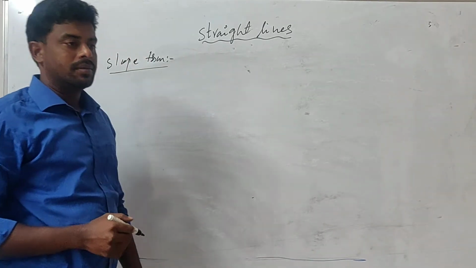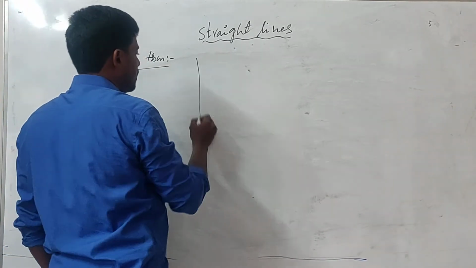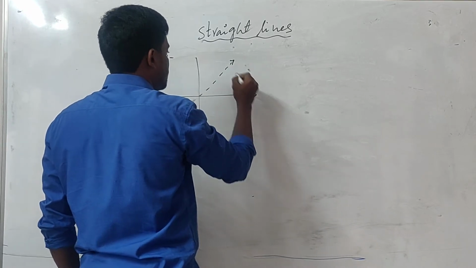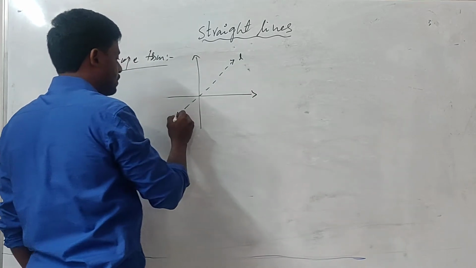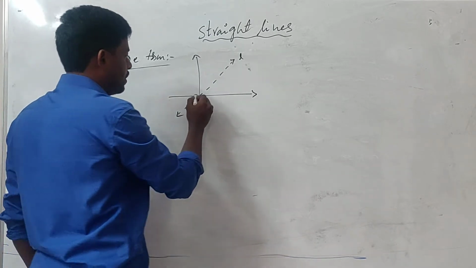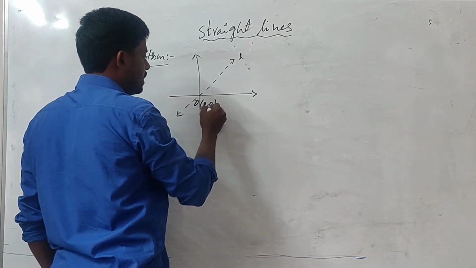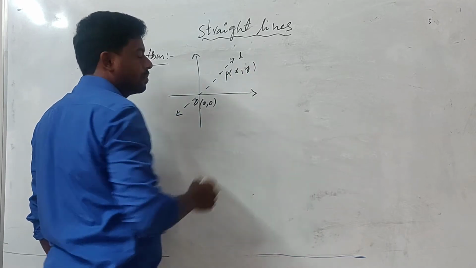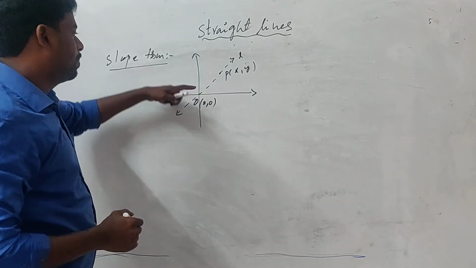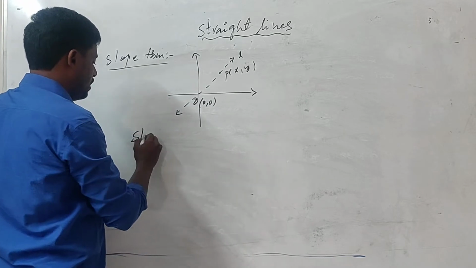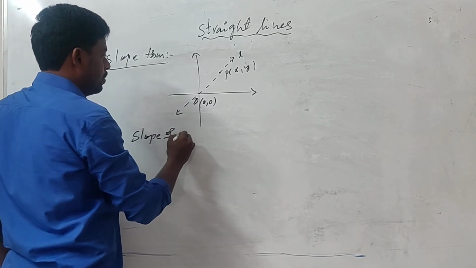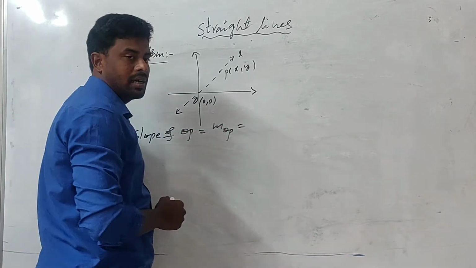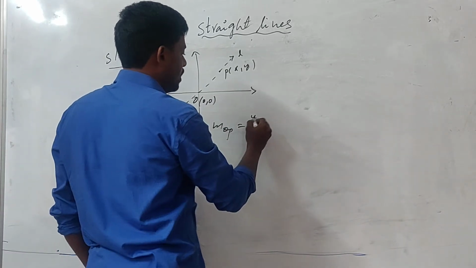The equation of a line passing through the origin. Origin is not 0, it is O(0, 0). Let us take one point P(x, y) here, and the slope of OP, that is m of OP, is equal to (y2 minus y1) by (x2 minus x1), that is y by x.